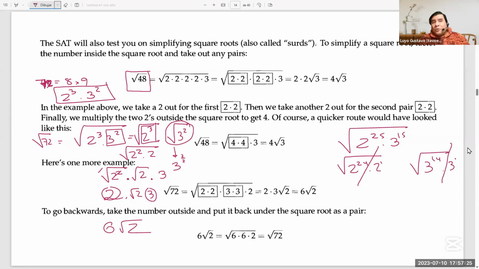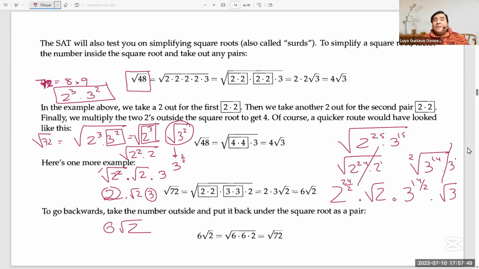So the square root of 2 up to 24 is 2 up to 24 divided by 2, that is this fractional exponent, times the square root of 2, times 3 up to 14 divided by 2, because here is a tacit 2. It goes without saying or without writing. And then again, the square root of 3.